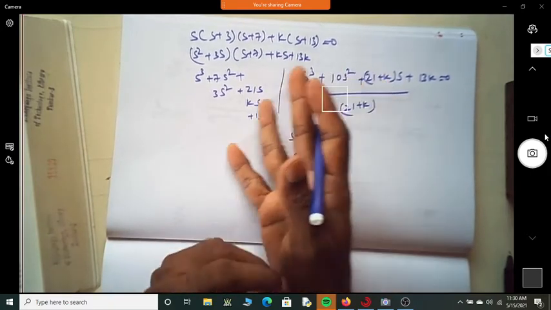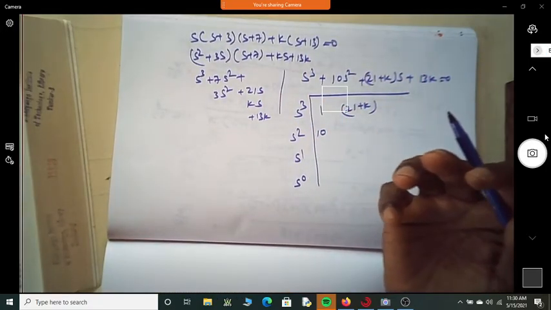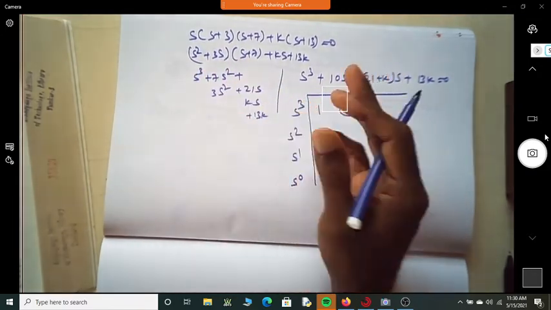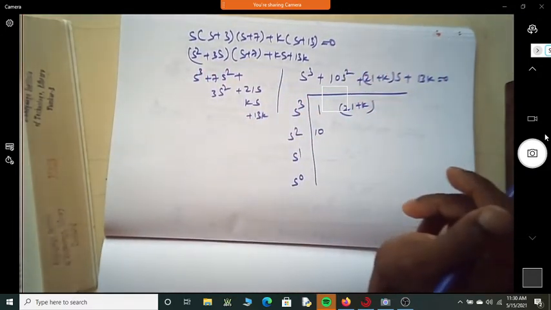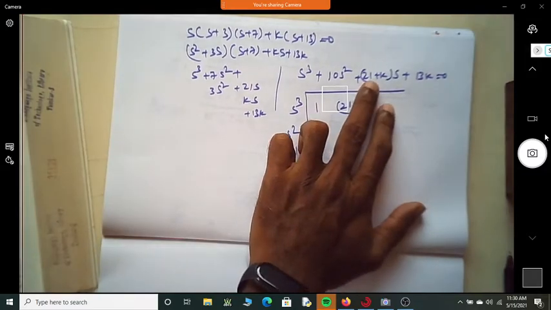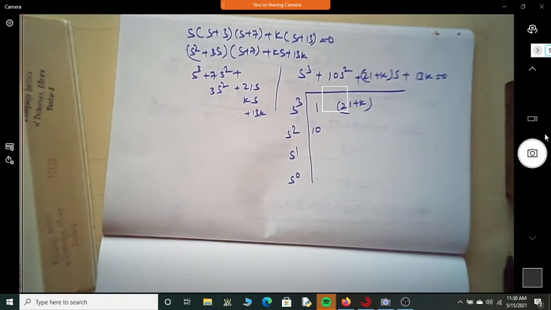If no, can you solve this using your calculator? If it is a very simple third order equation, you can go ahead. But since you have a k here, you need to go for the Routh array. If it was something like 25 here, then you would have used your calculator and found out the values.